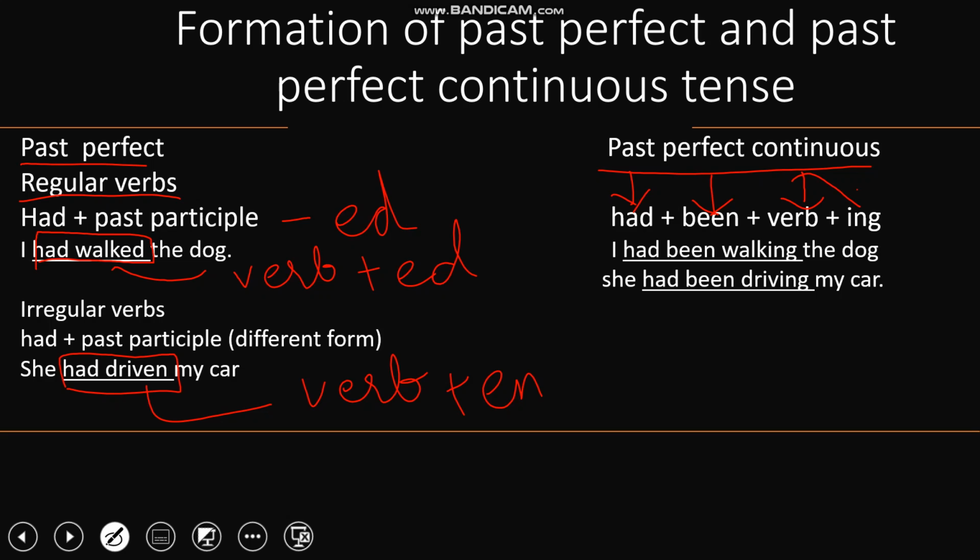So I had been walking the dog. She had been driving my car. See here, I've used had plus been plus walk plus ing. Here also had plus been plus drive plus ing form. Right?